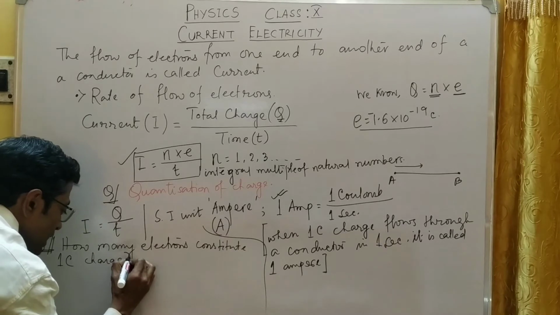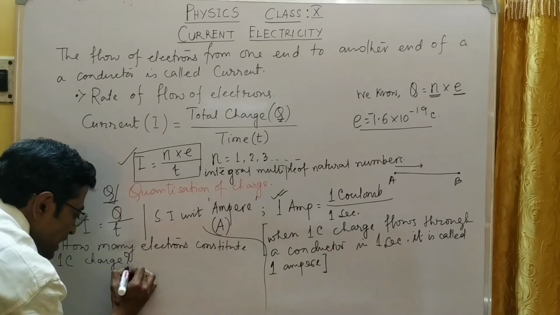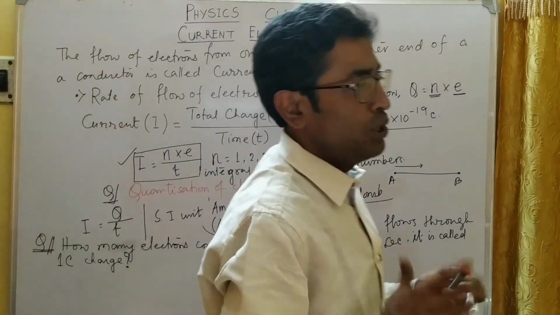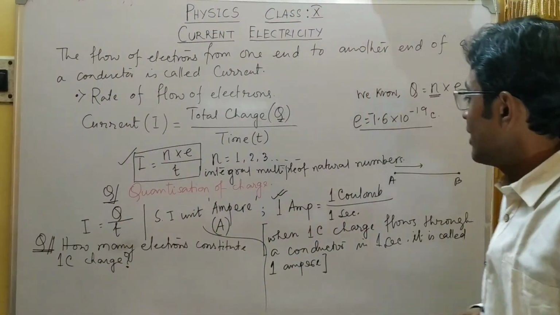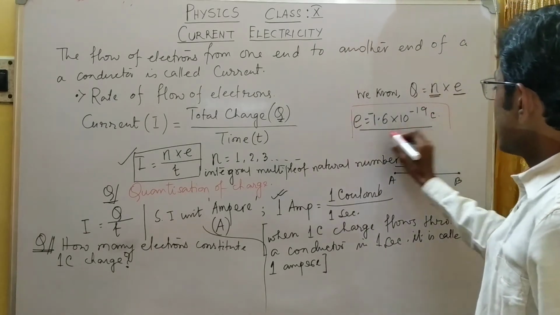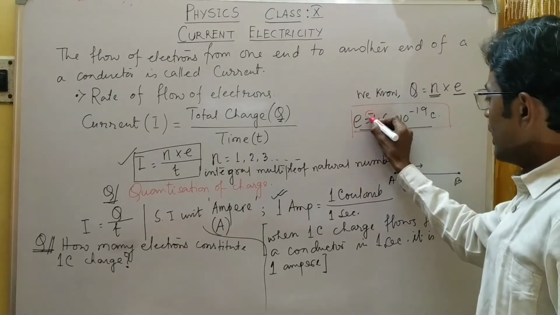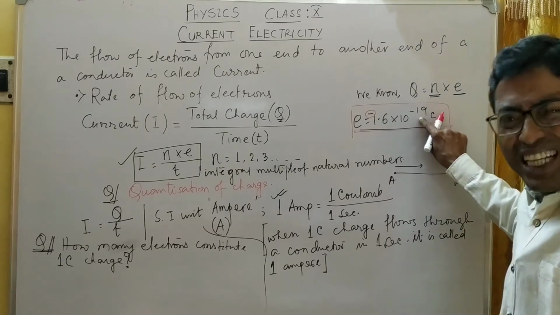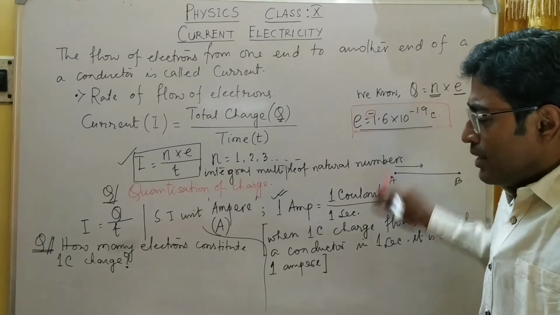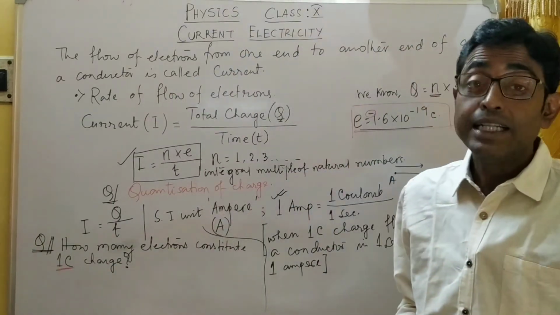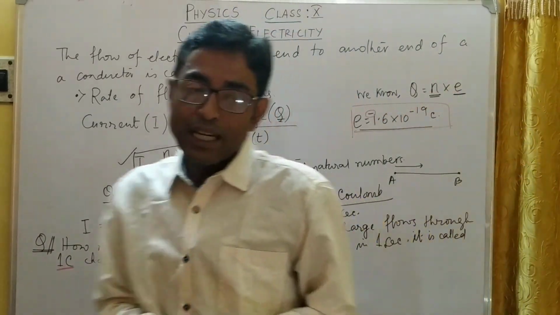What is the meaning of this question? We know the charge of 1 electron is minus 1.6 into 10 to the power minus 19 coulomb. This is a very small value. So for 1 coulomb charge, how many electrons are required? Let's see how we can calculate that.